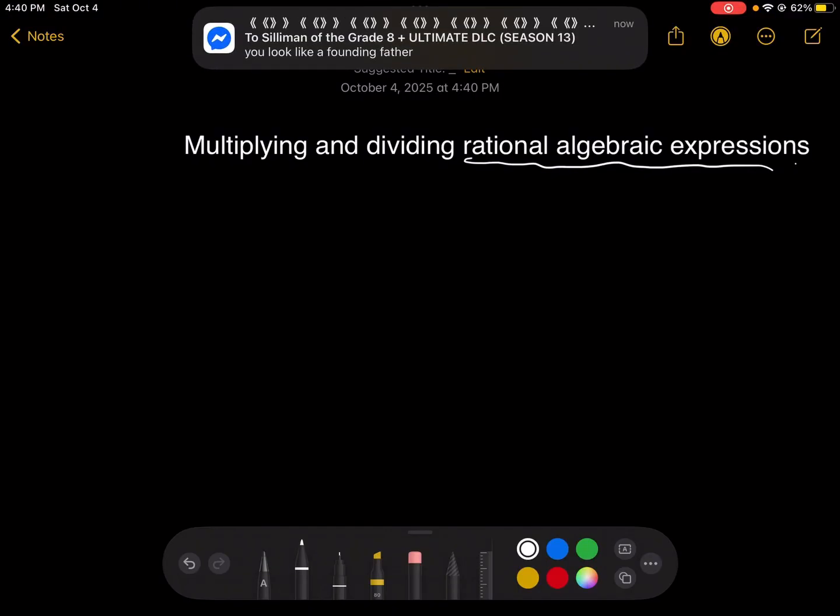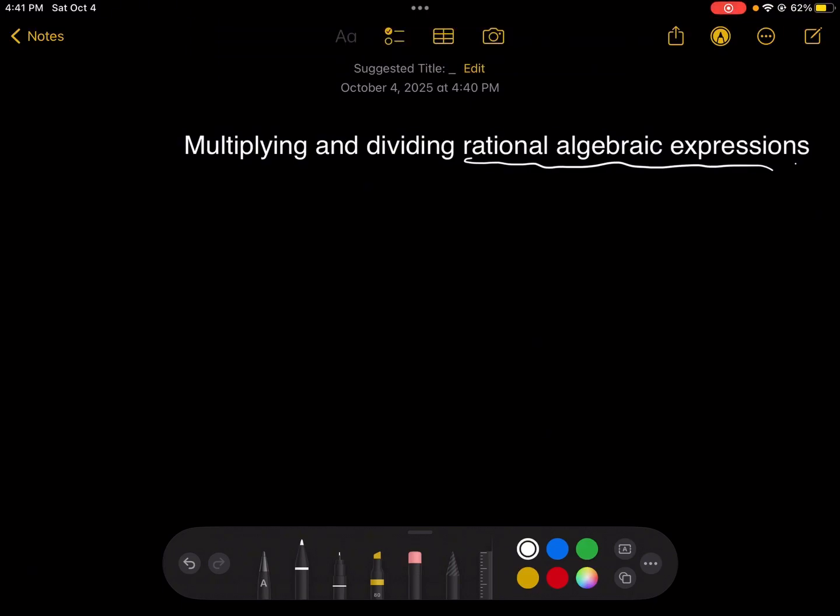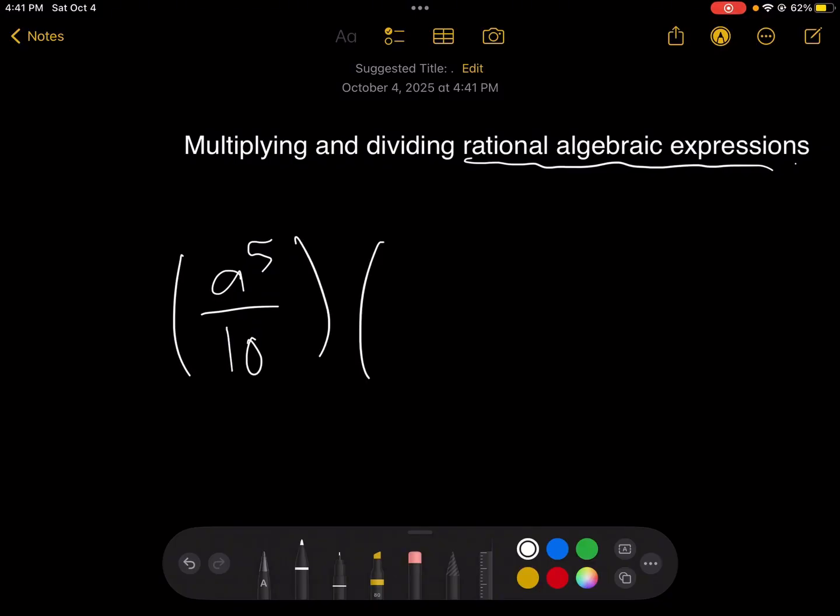One type is a monomial and the other type is a binomial, which you have to factor. But first, let's learn the easier ones. So a over 5, a to the 5th power over 10, times 5 over a cubed.